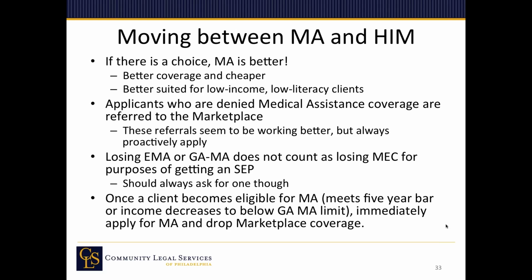When that person either gets their 5 years or their income goes low enough to be eligible for state-funded MA, what we advise people to do is apply for MA at that point and drop the marketplace coverage. Again, because medical assistance is cheaper, the coverage is usually better, and medical assistance usually works better for low-income and low-literacy clients.